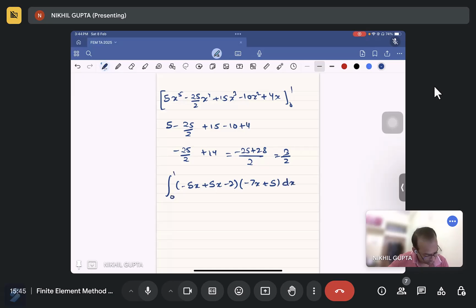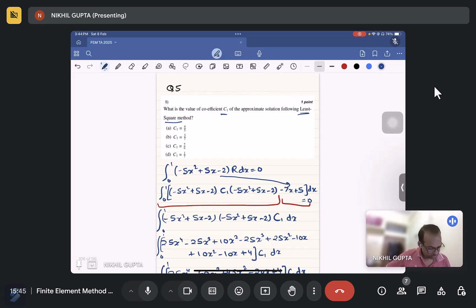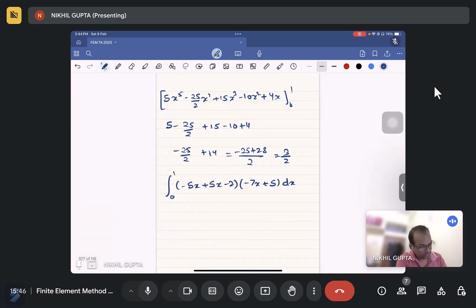Okay, is it really like that? This term is multiplied by this, so it will be like this. So now we have to solve this as well.